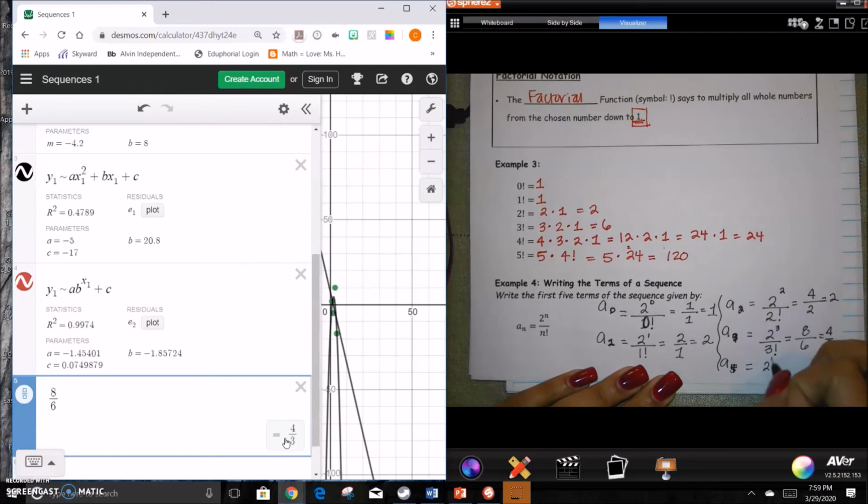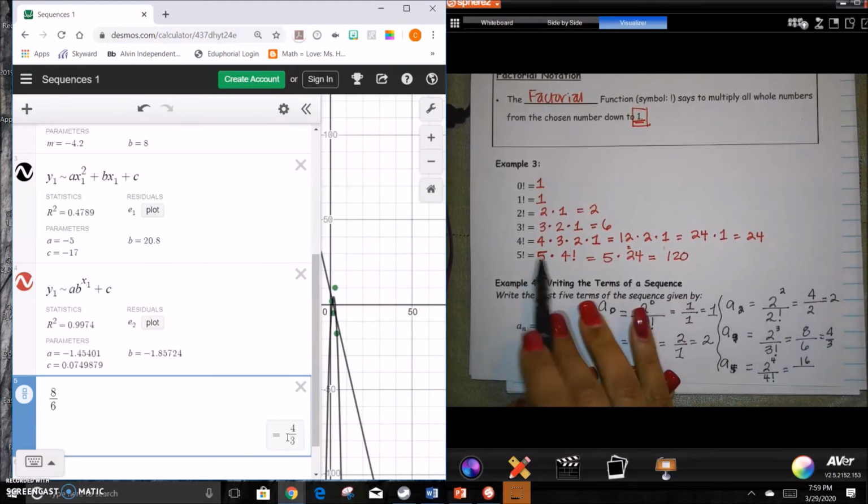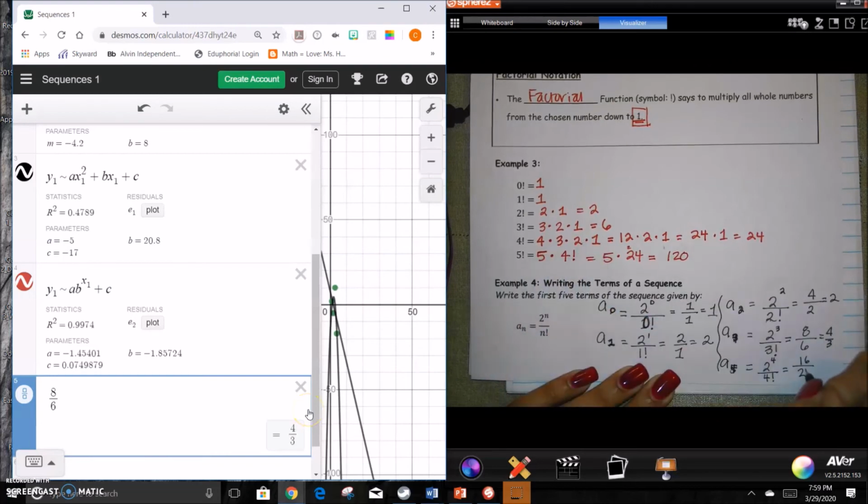And then the last term in the sequence is 2 to the fourth power divided by 4 factorial. 2 to the fourth power, I'm just multiplying another 2 on the 8, so 8 times 2 is 16. Okay, 4 factorial is 4 times 3 times 2 times 1, which is 24. Reduce your fractions, please.